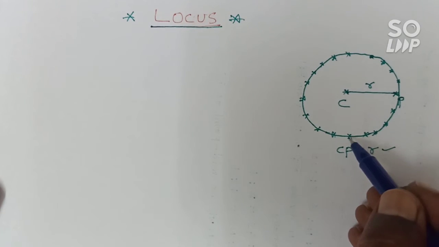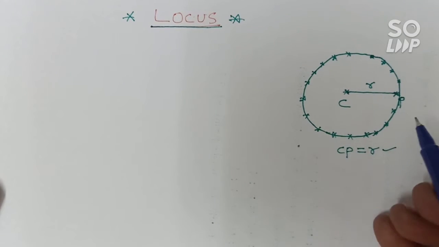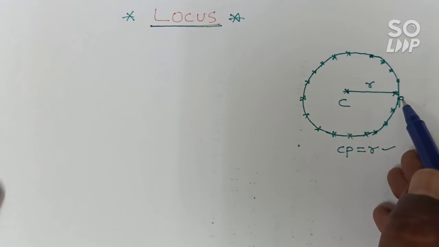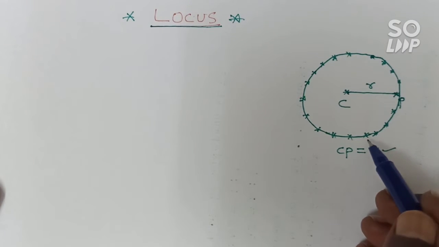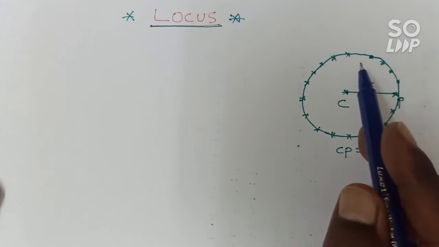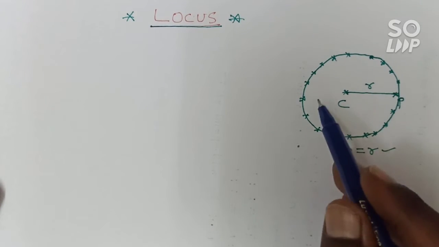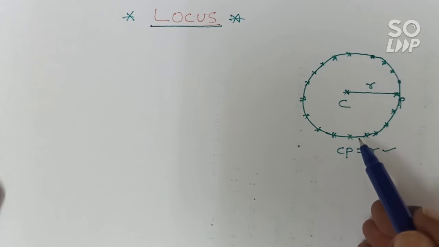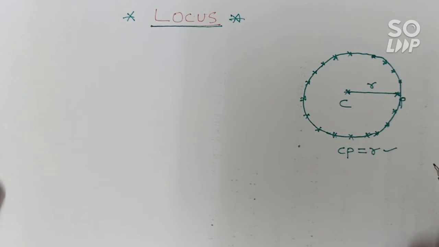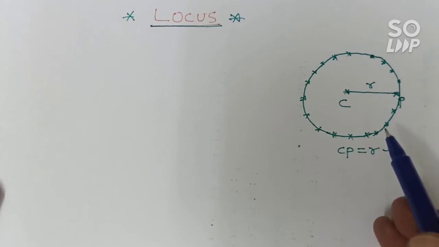So locus is nothing but a tracing of the curve. Here P is the moving point, and P satisfies this condition. So P lies on which curve? That is called the locus. Here the locus of P is a circle. So this is the definition of the circle also. Actually, the circle definition is derived from the locus concept.